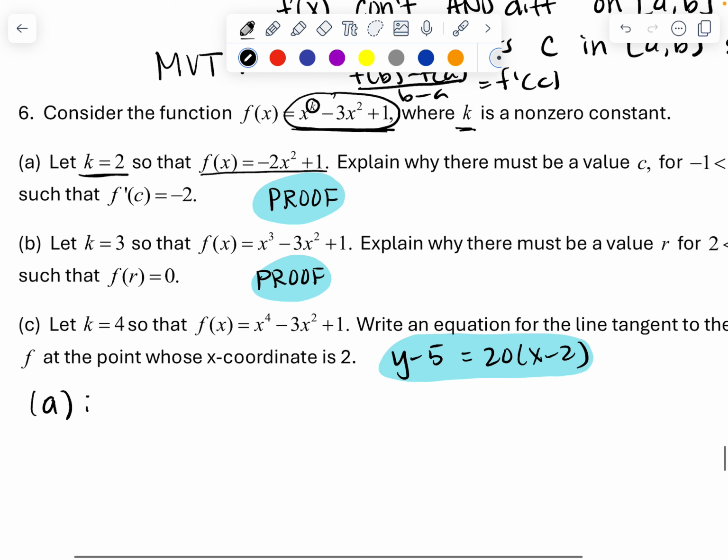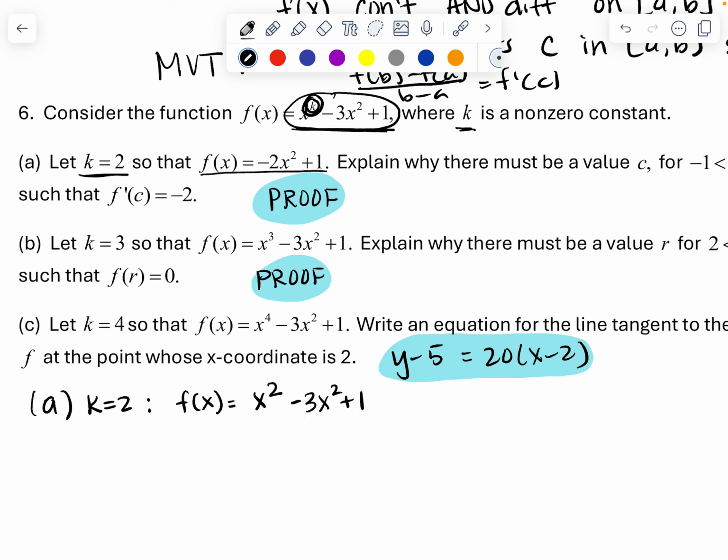If k equals 2, we get that f of x equals x to the 2, replacing this k with a 2, minus 3x squared plus 1. If I combine like terms, 1x squared minus 3x squared is negative 2x squared plus 1. So that's how they got this negative 2x squared plus 1. They just replaced the k with 2 and combined like terms.